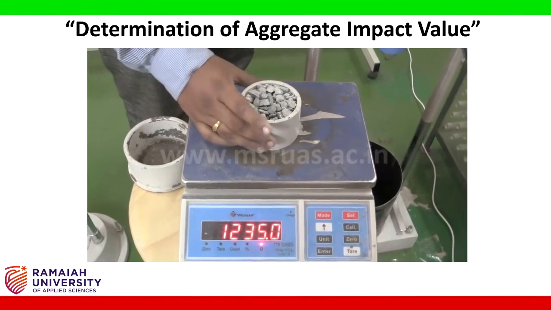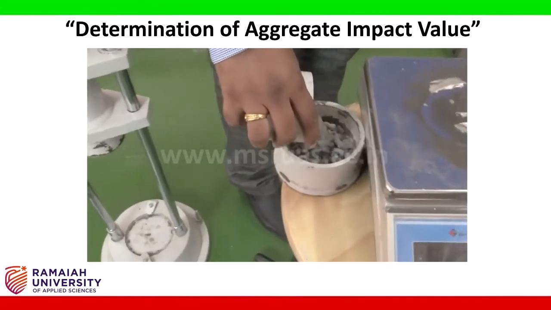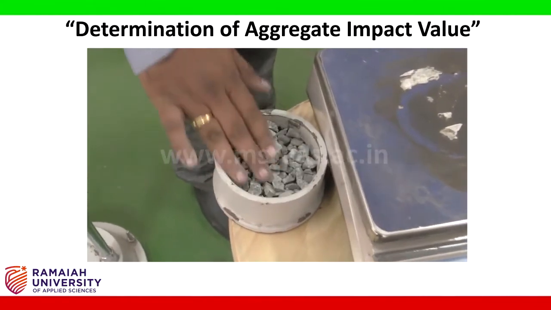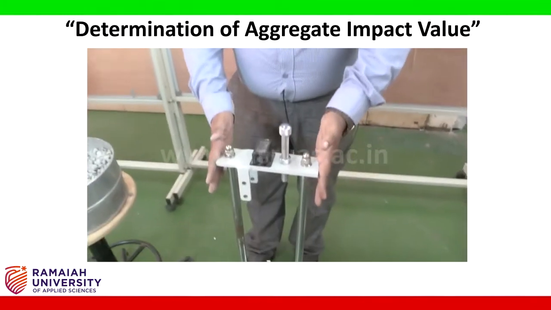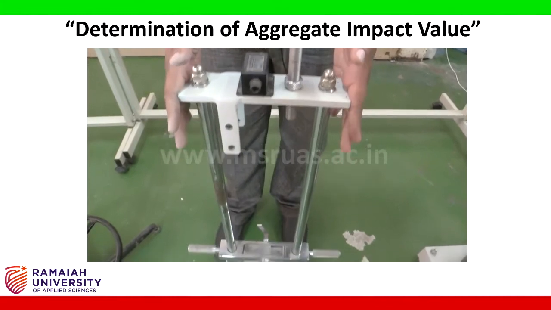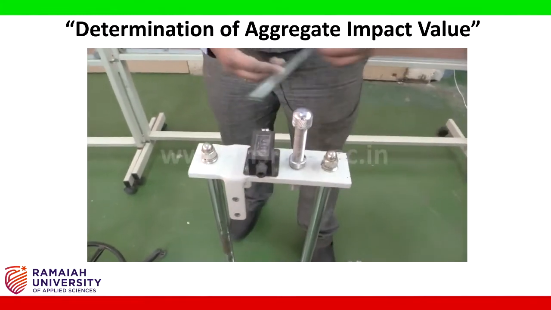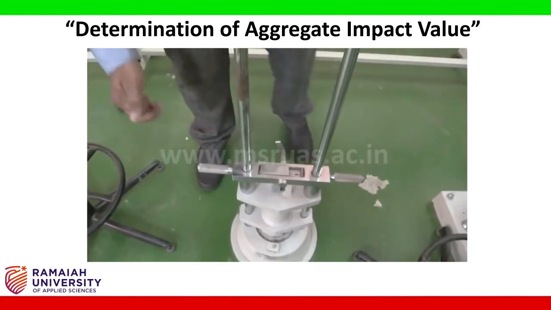Pass the entire mix from the measuring cylinder to the testing cylinder and spread it evenly. Coming to the experimental setup, this is the aggregate impact testing machine. It's also called the aggregate impact tester. I'll briefly explain the parts of this machine. These are the 2 pedestals.